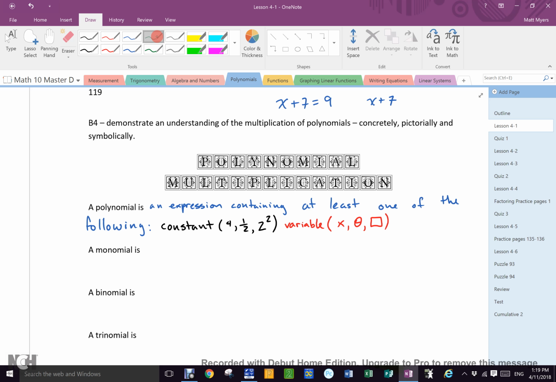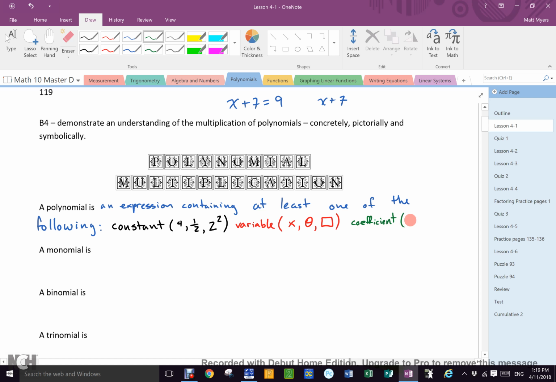Everybody knows what a variable is, yeah? Yeah. And finally, the last thing that it might have is a coefficient, which is a constant that multiplies.